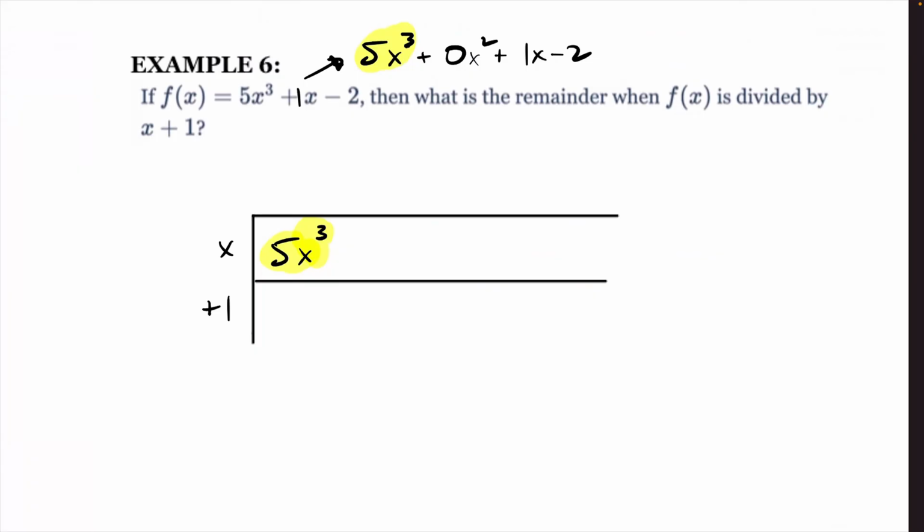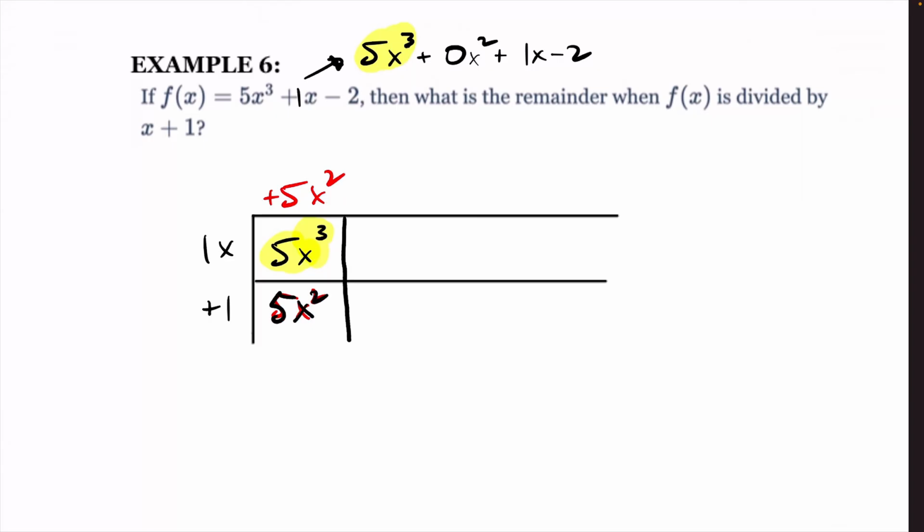But if you don't get stuck, you're good. So 5x^3, it was missing an x squared, so I had to include that. So let's see, this is a 1, so it's going to be a 5x^2. And then this is going to be 5x^2. Close. Yes. Yeah, go ahead.